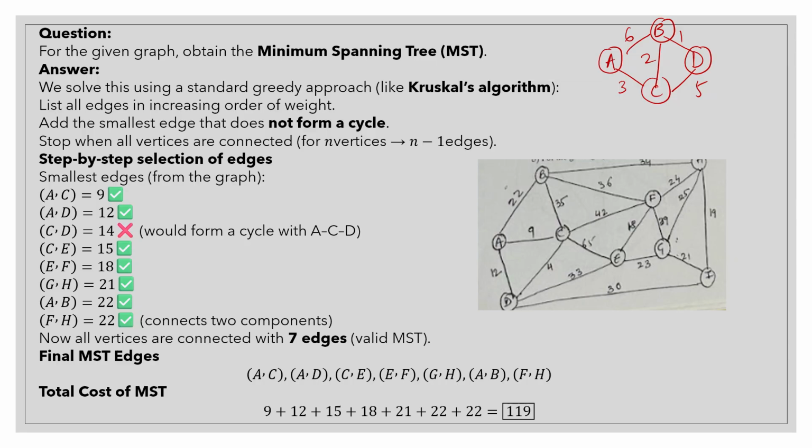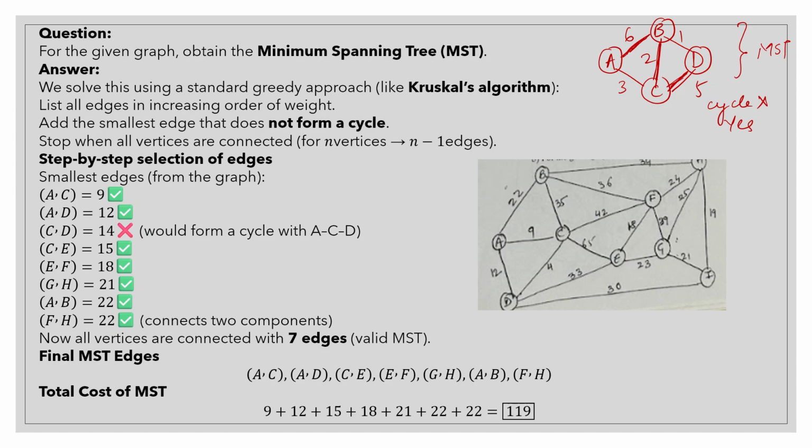Now when we connect A to B, B to C, and C to D, are they forming a cycle? No, they are not. Have we covered all of them? Yes, we have. So this is a valid MST.